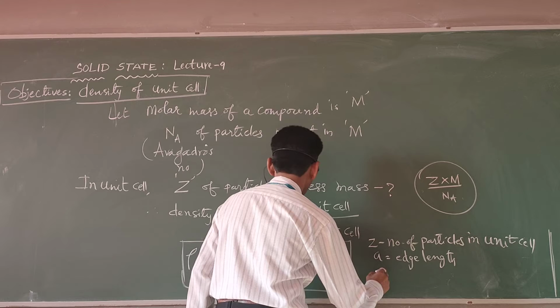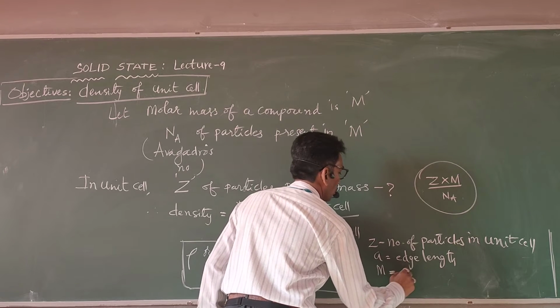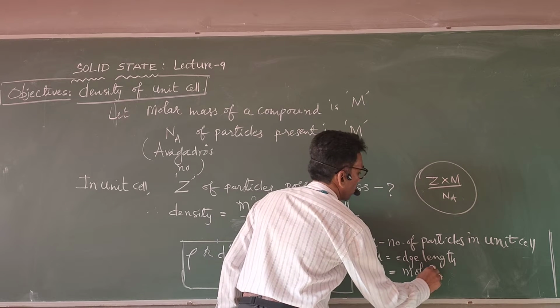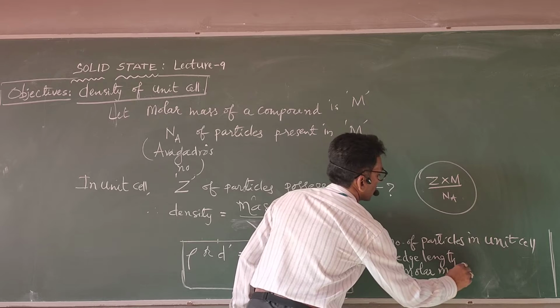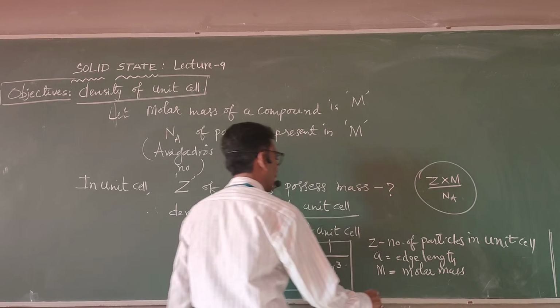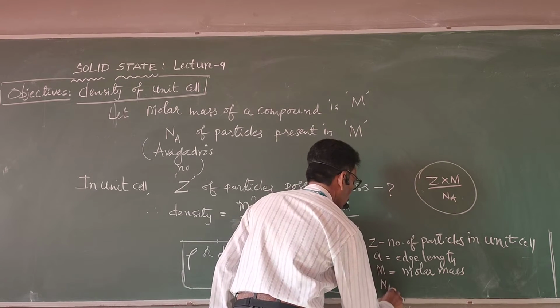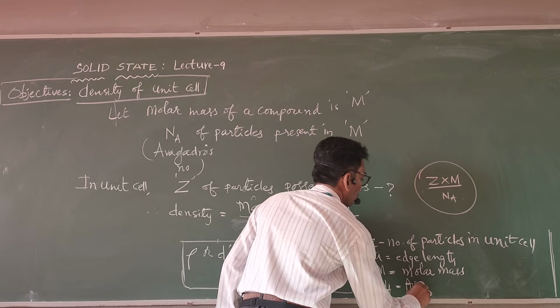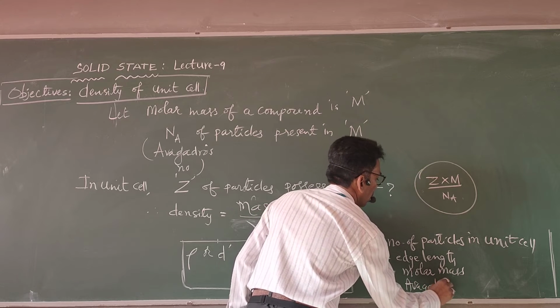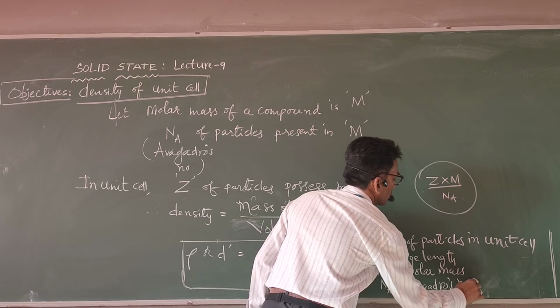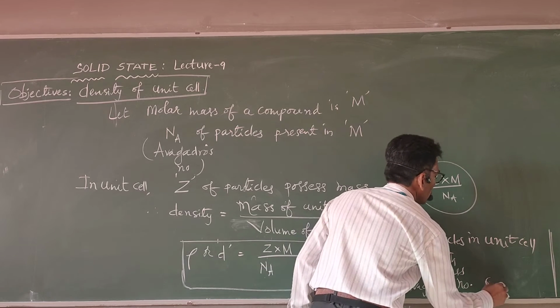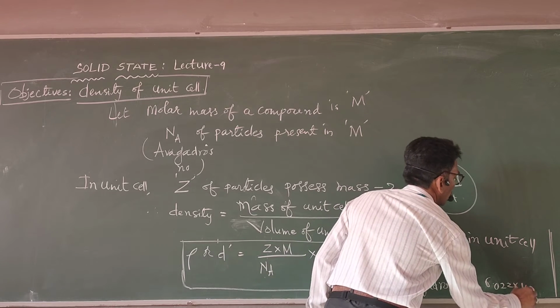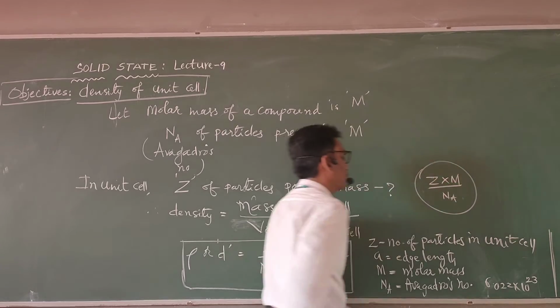Na is the Avogadro number. M is the molar mass, expressed in gram per mole. Its value is 6.022 into 10 to the power 23 particles.